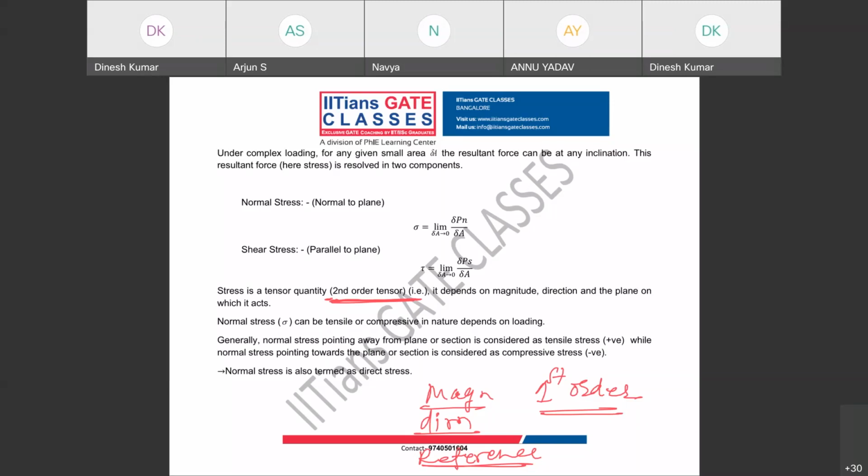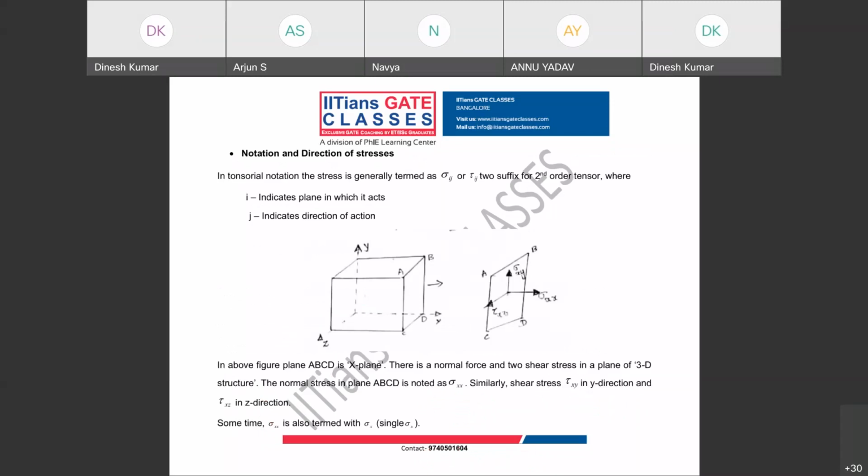Now we have discussed that stress is a tensorial quantity. Now there is something called normal stress. Normal stress is also called direct stress, and as I told, it is usually denoted by sigma. And we have shearing stresses, which are denoted by tau. But as I told, in basic elasticity, we do not consider just sigma or tau. It has to be written as sigma ij, or tau ij.